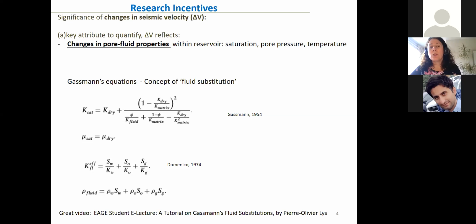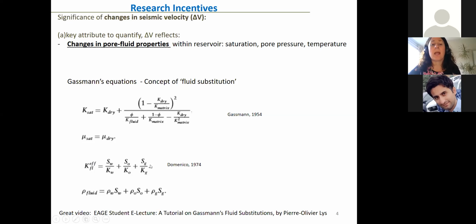So typically you would estimate properties for your matrix material, and also properties for your fluid, and from that you could deduce your saturated bulk modulus and also your dry shear modulus. And your fluid modulus would be a function of saturations.